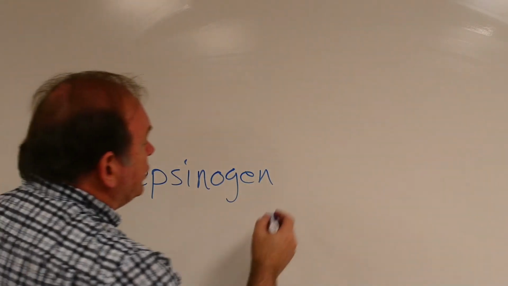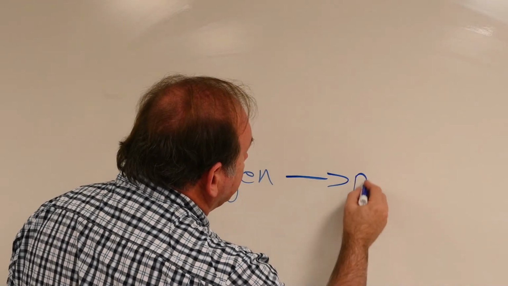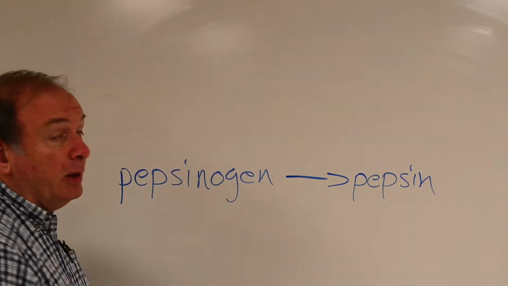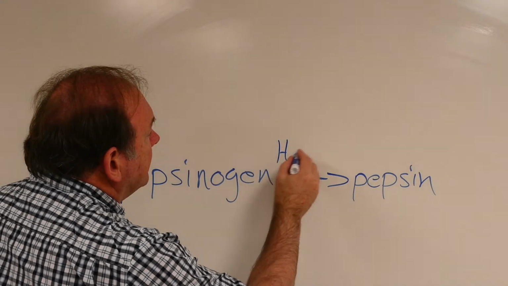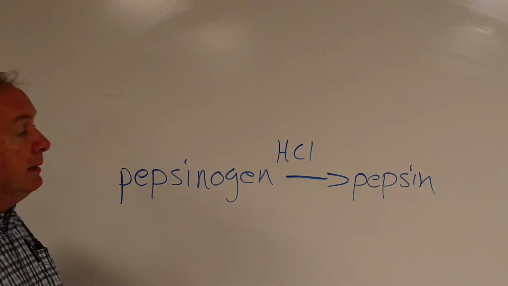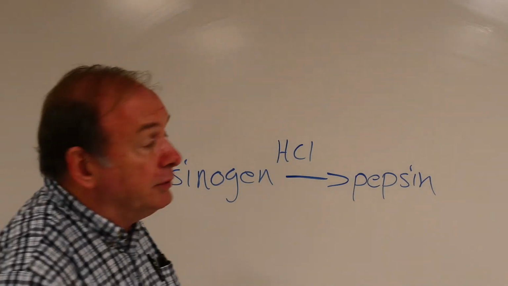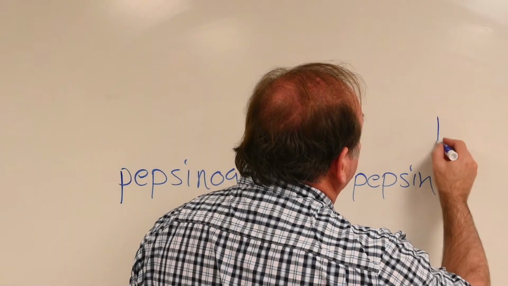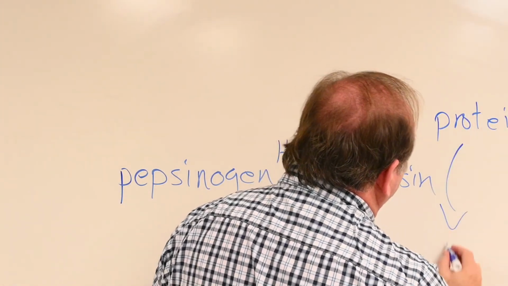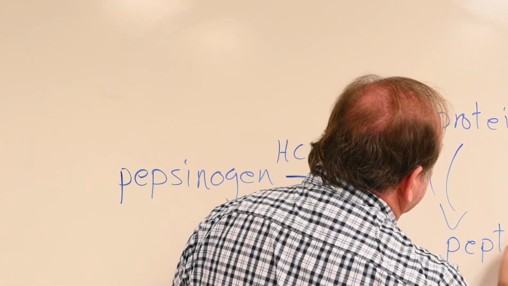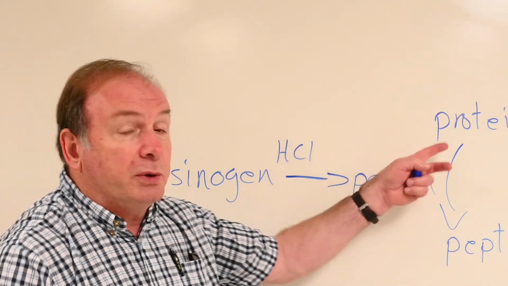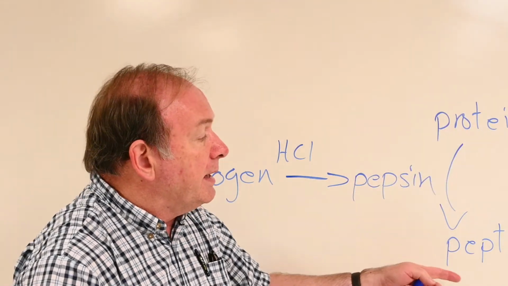Pepsinogen will be converted to pepsin, the active form of the digestive enzyme, in the presence of hydrochloric acid, HCl, your stomach acid. Pepsin causes the conversion of proteins to peptides. Peptides are shorter pieces of protein, so it starts the breakdown of protein, the digestion of protein.